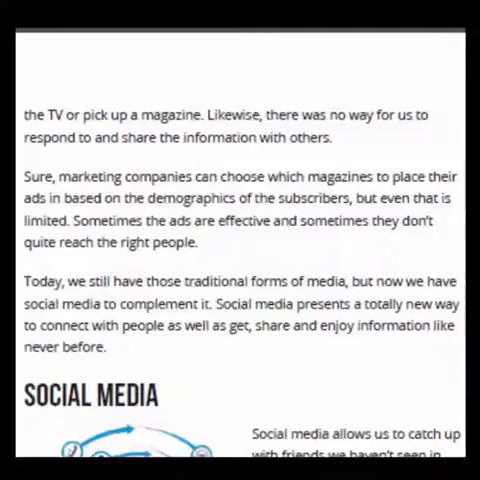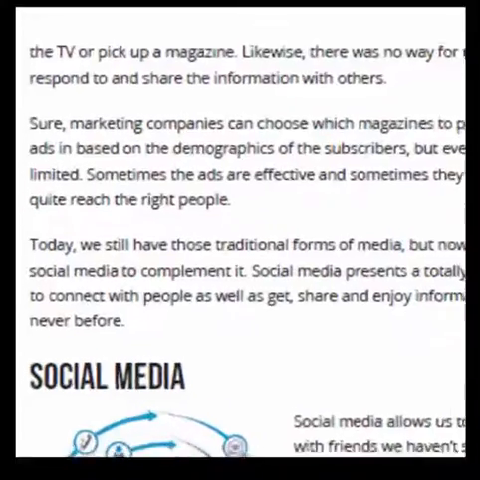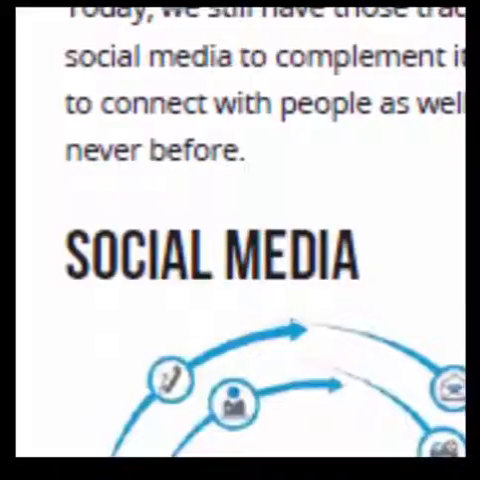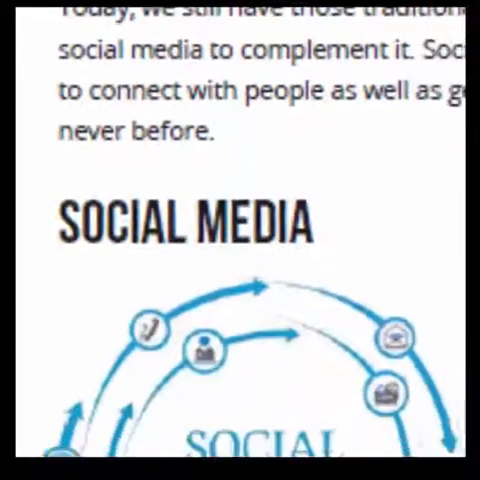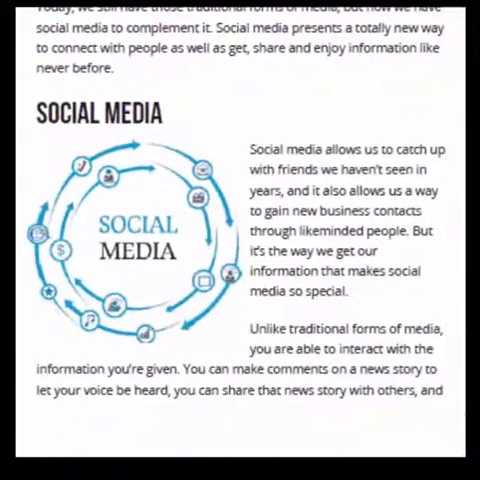Today, we still have those traditional forms of media, but now we have social media to complement it. Social media presents a totally new way to connect with people as well as get, share, and enjoy information like never before. Social media allows us to catch up with friends we haven't seen in years. It also allows us a way to gain new business contacts through like-minded people.